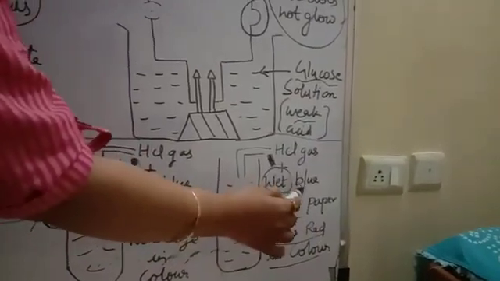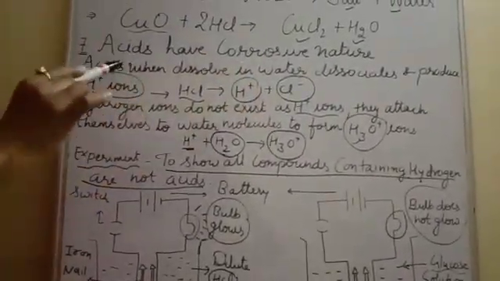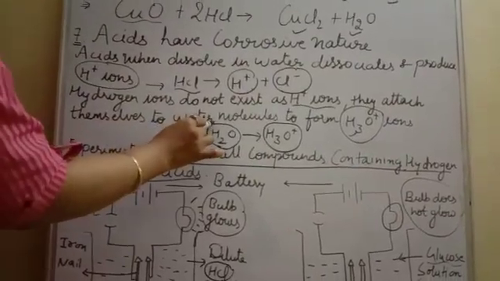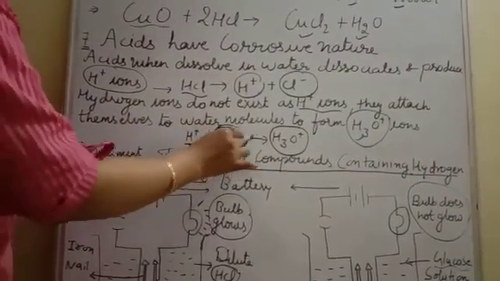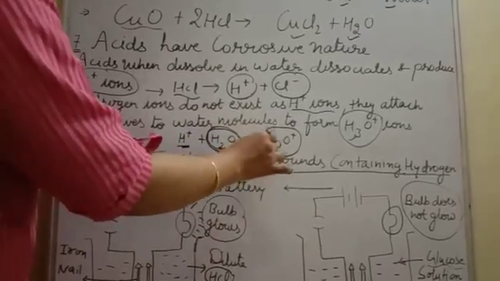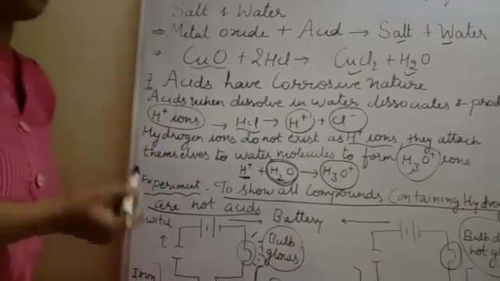The blue color of litmus paper turns into red color. So it is proved that H plus does not exist alone. When it is attached to H2O, it forms H3O plus, that means the hydronium ion, which is helpful in the conduction of electricity.